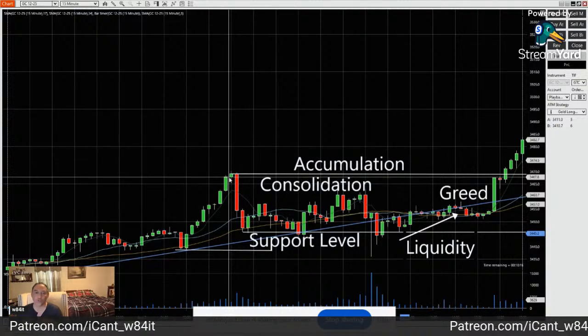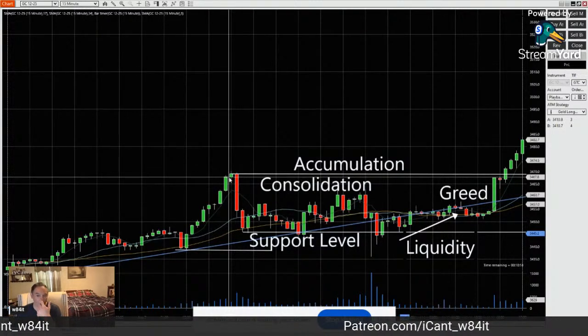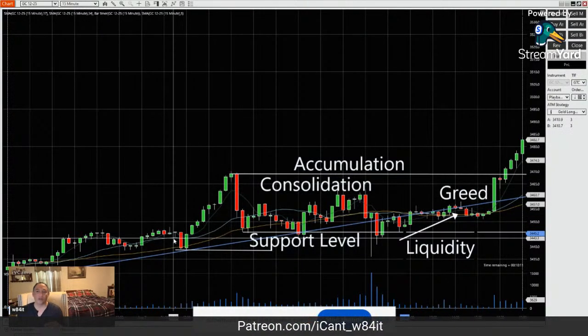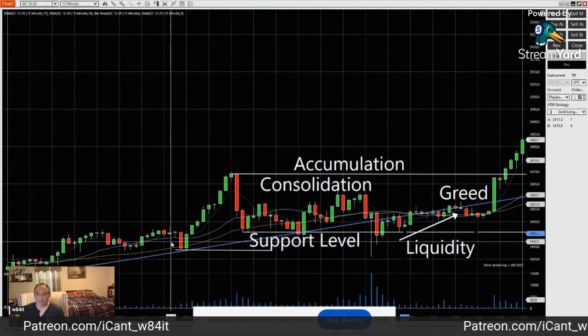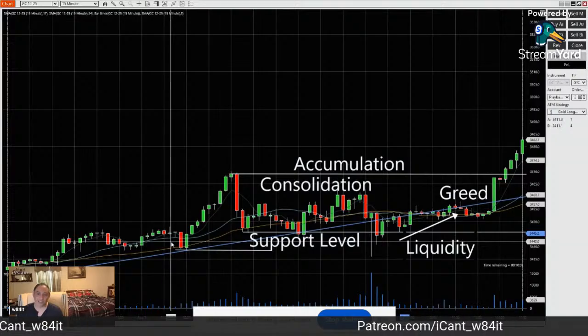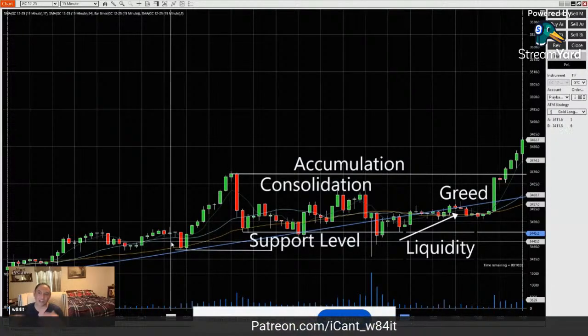Like it's worth being at this level, right? It's uncertain. Or another way to look at it is the buyers have deemed that this area is a highly probable area to take profit at.